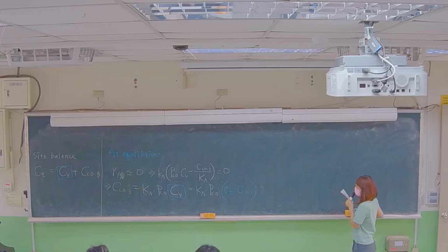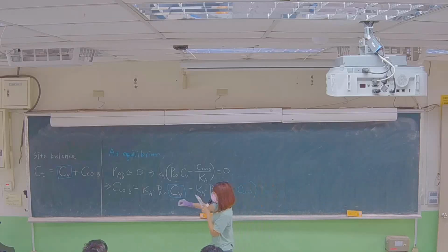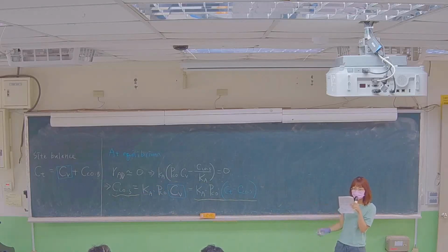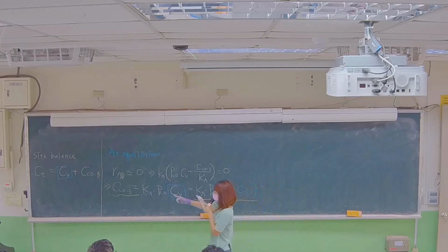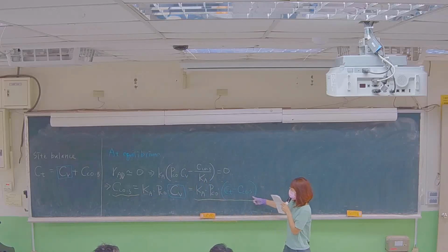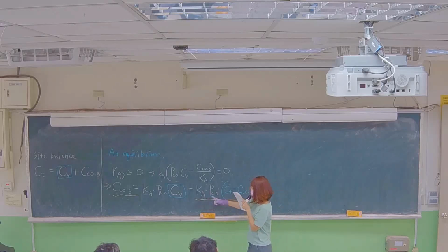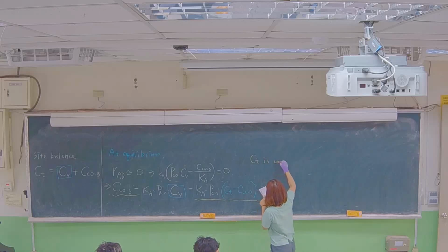Let's check again. Is that okay to draw the isotherm? CCOS is the y-axis and PCO is the x-axis. This one is constant. CT is constant as well.